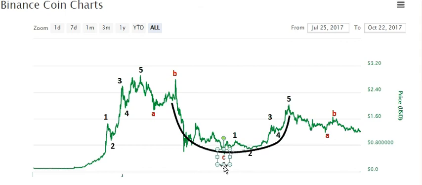That's the big question right now. Is the C done? Well, for it to be done, the C has to be lower than A. It's about the same, so it's not done yet. I think there's a slight lower low coming.